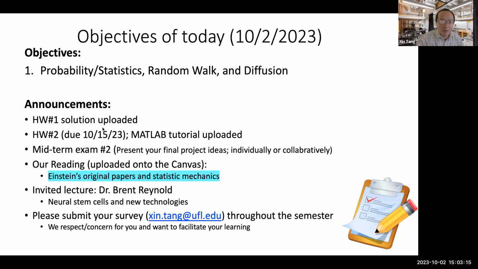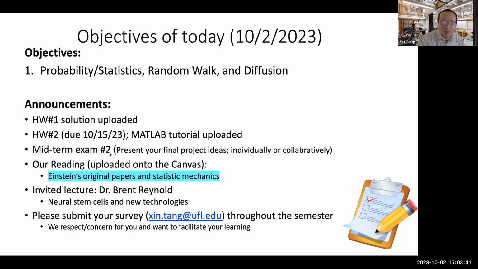Okay. Now, after homework number 2, we will have midterm exam number 2. As we explained in the first class, it will be linked to the final project. For the final project, you will present a research project that needs to be deeper and quantitative. Right?